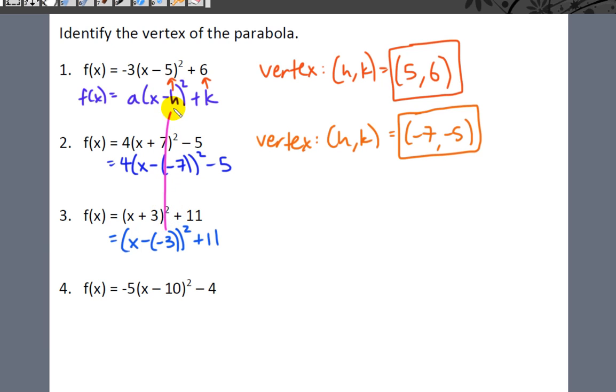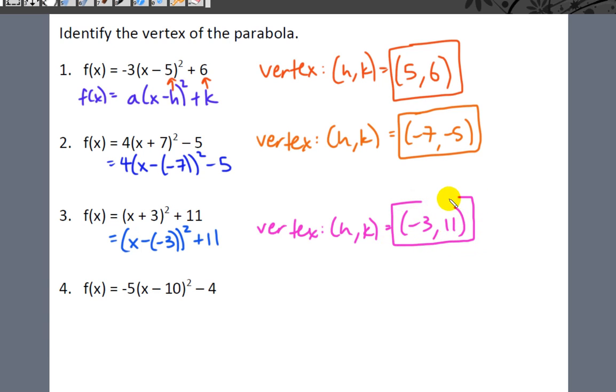This right here is h, this right here is k. So your vertex, h comma k, in this case would be -3 comma 11. In other words, from the parent function, you're shifting it 3 units to the left and then 11 units up.